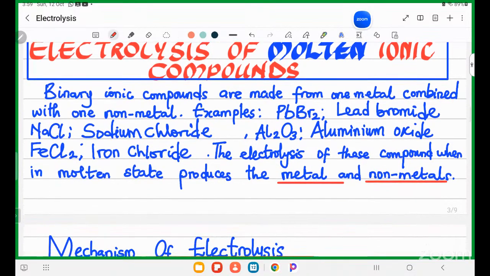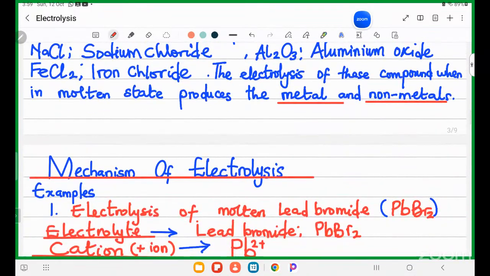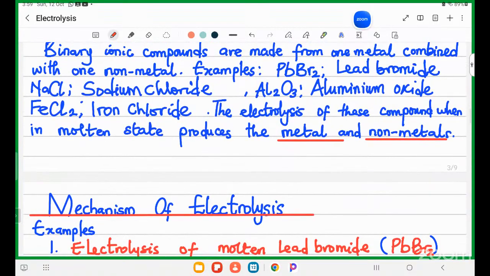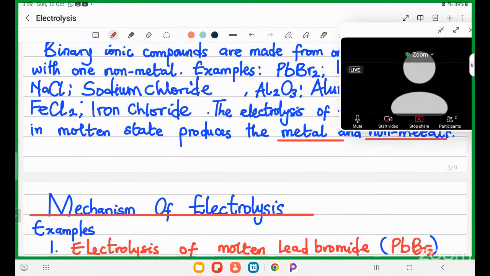And let's look at examples. Let's look at this example.